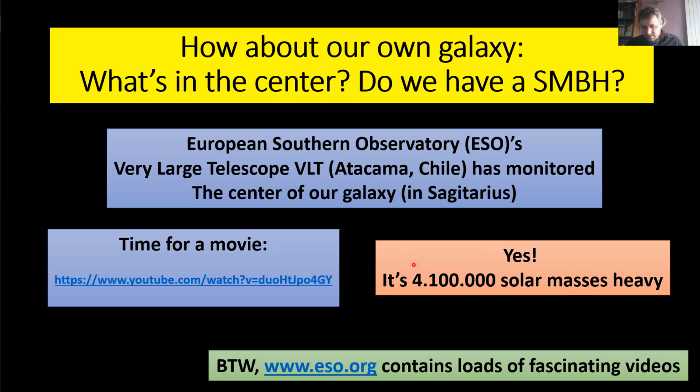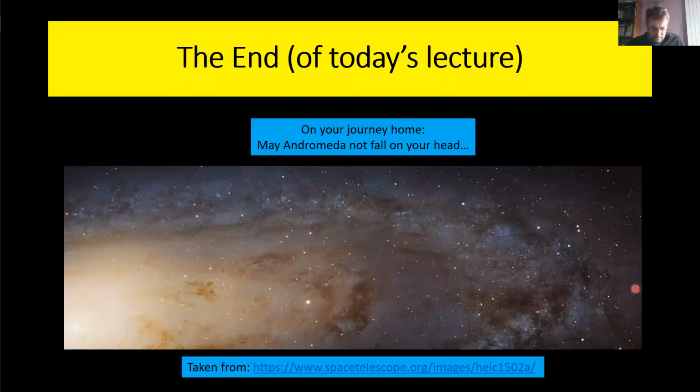So we know about this supermassive black hole. And now, well, the last thing for this lecture, before we end basically the journey to galaxies, and next week we will come back home to our solar system.